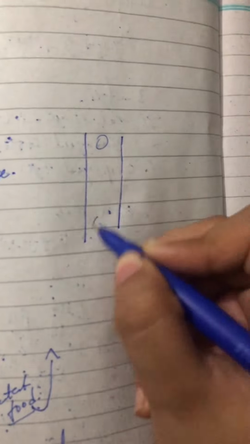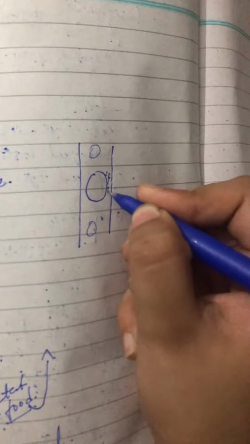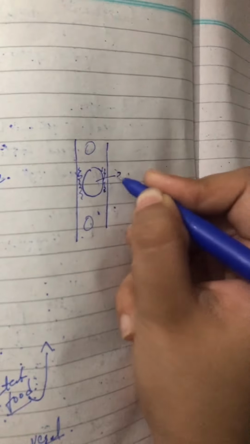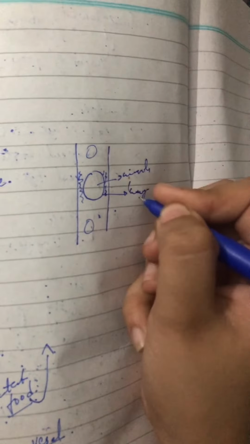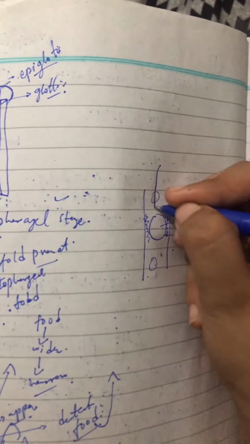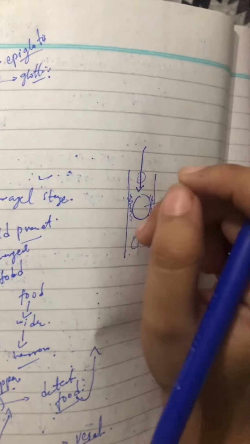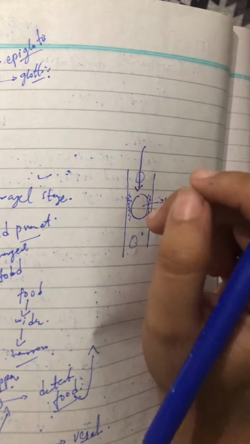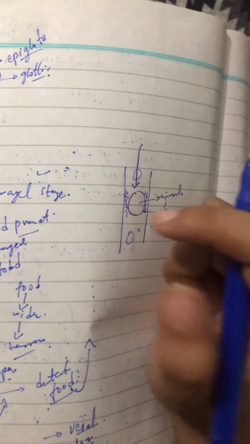After that, here in the esophagus, this is the esophagus, right? Where the upper sphincter, lower sphincter, and circular and longitudinal muscles are present. Now when food moves here, after the pharyngeal stage, when the bolus comes here, the circular muscle will contract and the longitudinal muscle will relax.